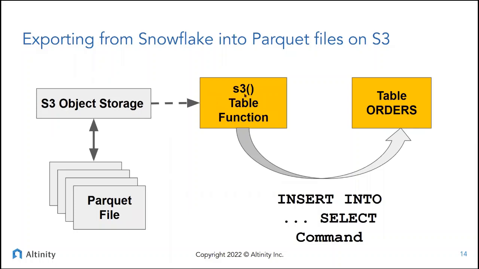This is a function that you can select from, and you give it parameters that point to a location in S3 that you want to read from. And in ClickHouse, we don't have copy into, we use insert into to move the data. So we're going to do insert into, and then we're going to have a select statement off this table, and it's going to put this into the orders table over on ClickHouse.